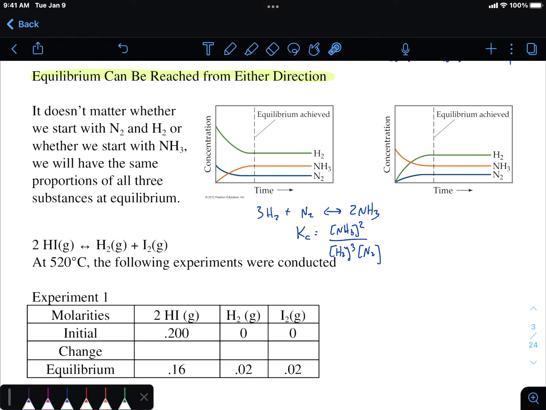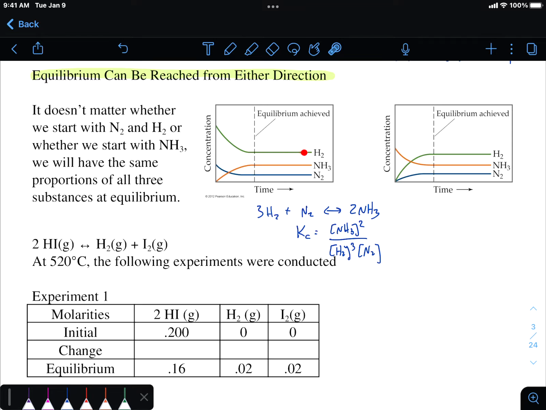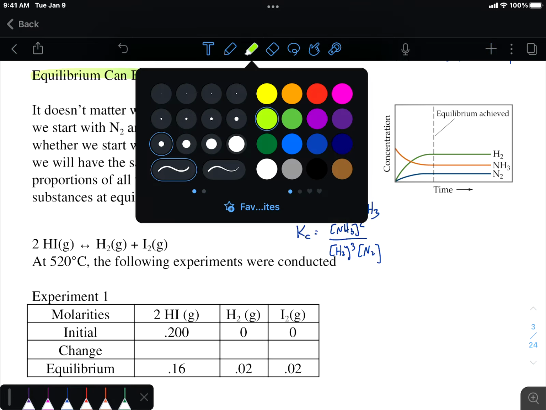As this reaction progresses, the concentrations of hydrogen and nitrogen are lowered because, as reactants, they're being used up. Conversely, the concentration of the product starts at 0 but starts to increase slowly. Eventually the concentrations will all plateau. Once that plateau occurs, that's when you know that equilibrium is achieved.